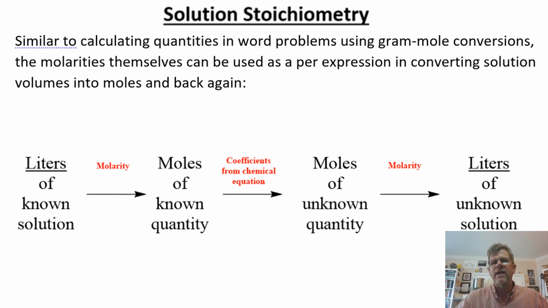But as we'll see in various examples, when we see a word problem like this, or a quantities type of problem that we've looked at before, where we're going to have to do a dimensional analysis, what do we have, what do we want, and how are we going to get there, we're going to find that the molarities themselves are almost always used as a per expression, hiding in plain sight, that we are going to extract out of that.